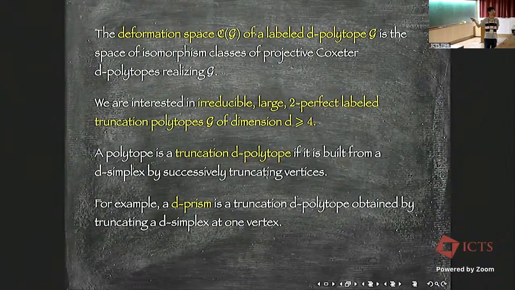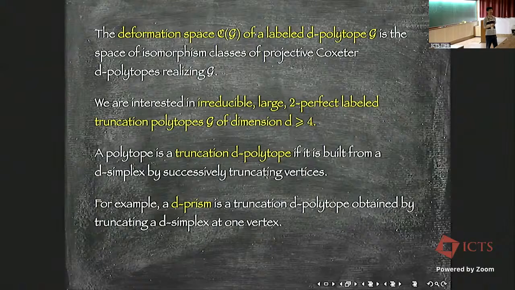It's the same thing, but I just use easier terminology, labeled polytope and deformation space. Of course I want to parameterize this deformation space. That's the motivation. But it's still not easy.